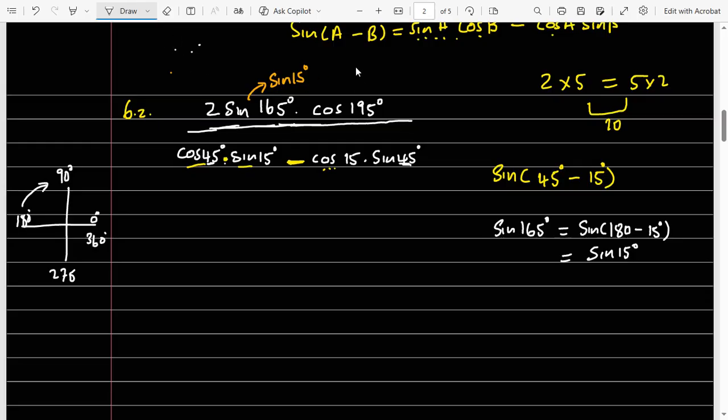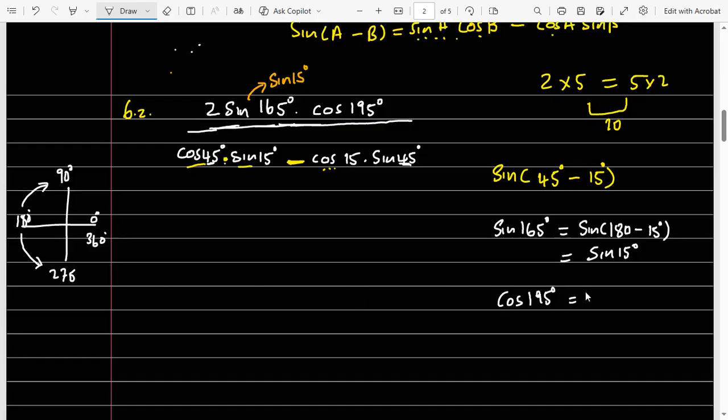Then now I need to also reduce the cos 195. So I'm going to say the cos of 195 degrees is equal to, in which you ask yourself, this is how you do the reduction. Where is 195? It's between 180 and 270. So since it's between 180 and 270, how do I move from 180 to 270?